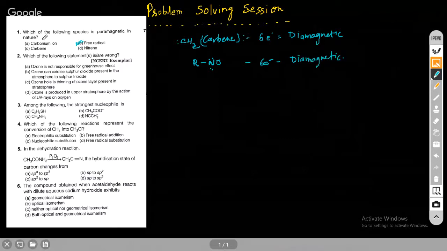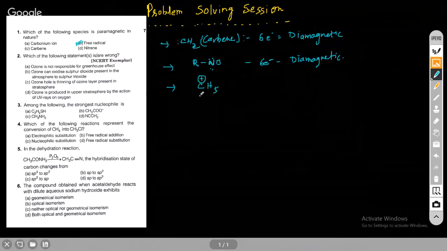Right? What is carbonium ion? Tell me, what is the formula of carbonium ion? Carbonium ion is a pentavalent carbocation, like suppose CH5 with positive charge on it.